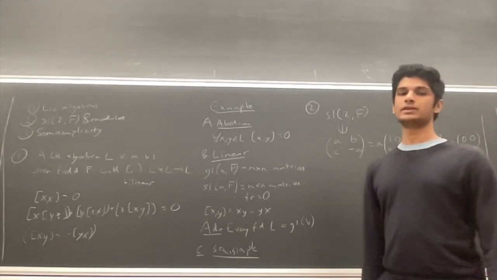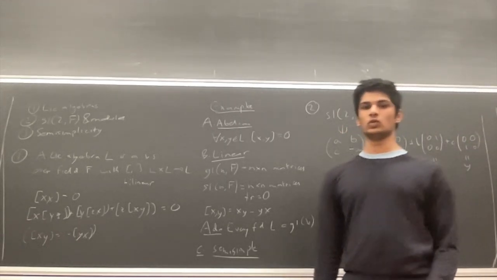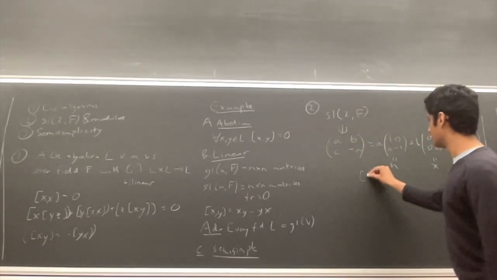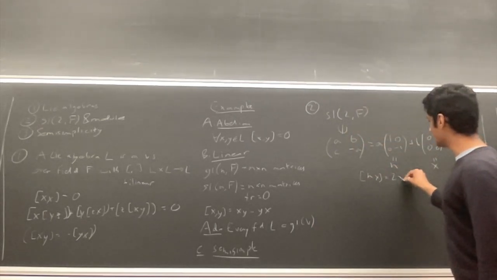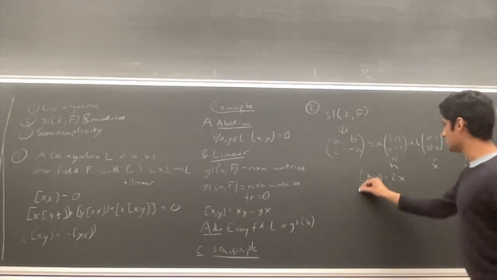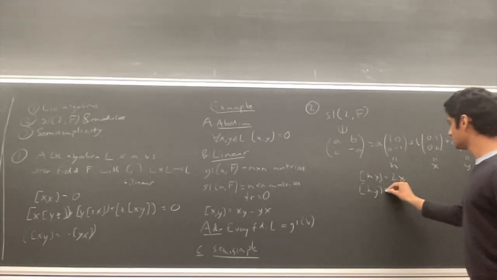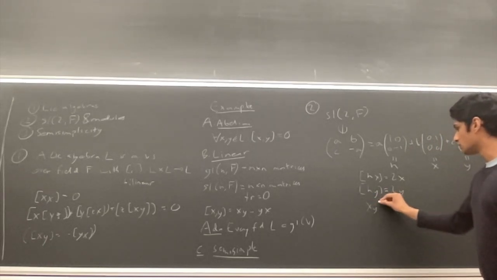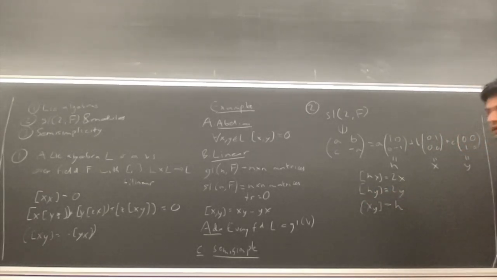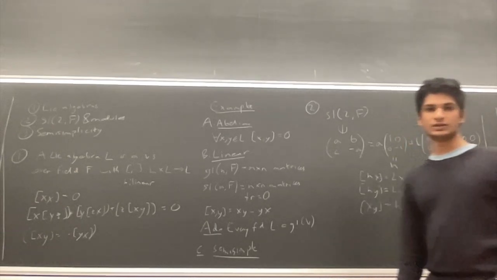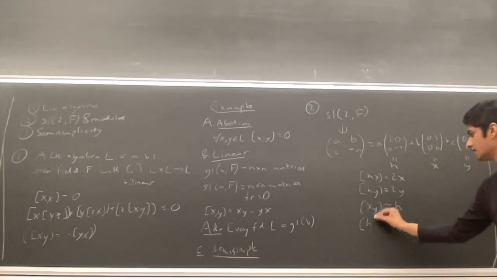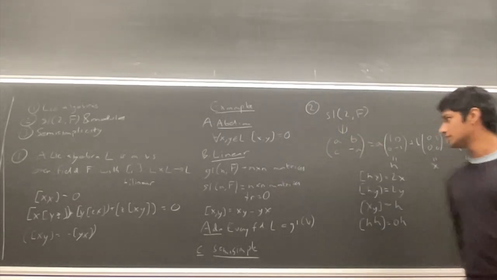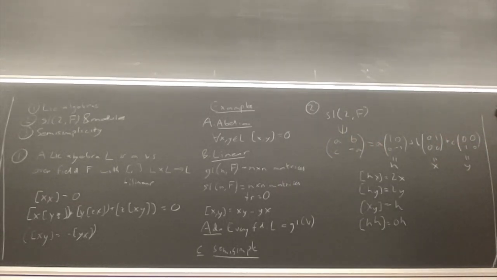Now there are important relations among H, X, and Y, which help us understand the Lie bracket structure. We have bracket HX is 2X, bracket HY is negative 2Y, and bracket XY is H. What's going to be useful for our purposes is that bracket HH is 0, which follows from the axioms, but will be something we will use.